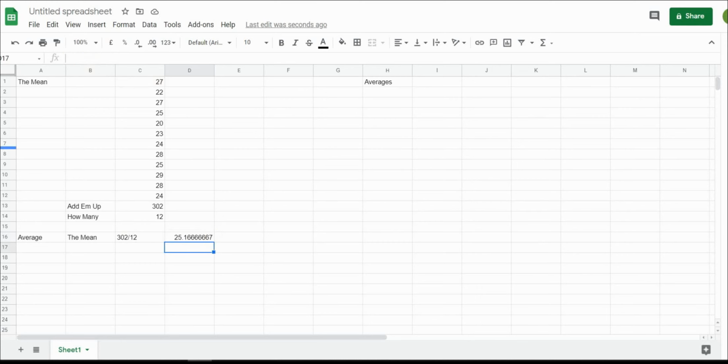So that is the answer to the mean, okay? So the mean of this blue data set is 25.166 whatever. And it's that because we added them all up to get 302 and then we divided it by how many there are. That process of adding up and dividing by how many there are, that's called the mean. So we add them up, we divide by how many there are to find the mean.